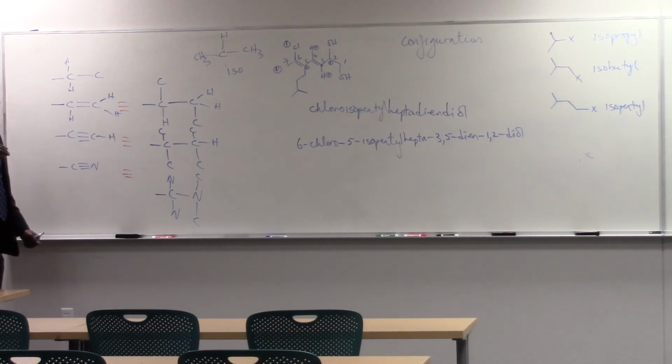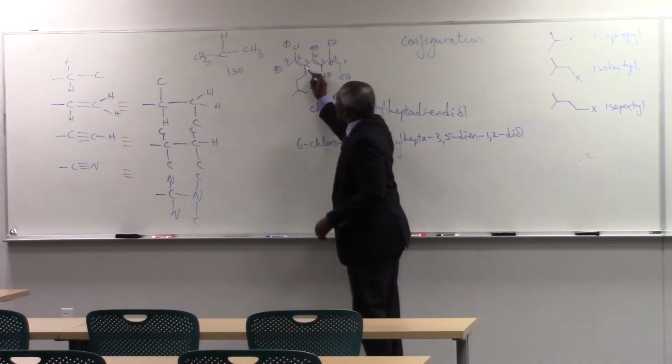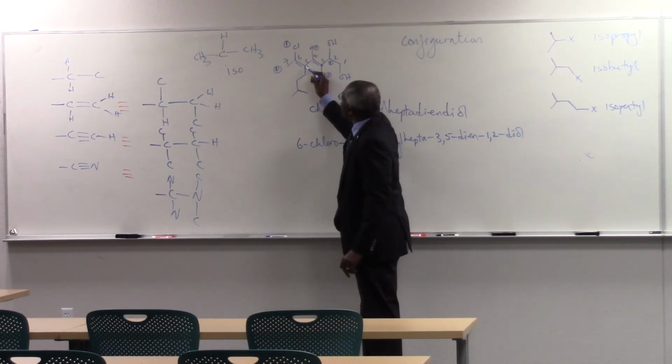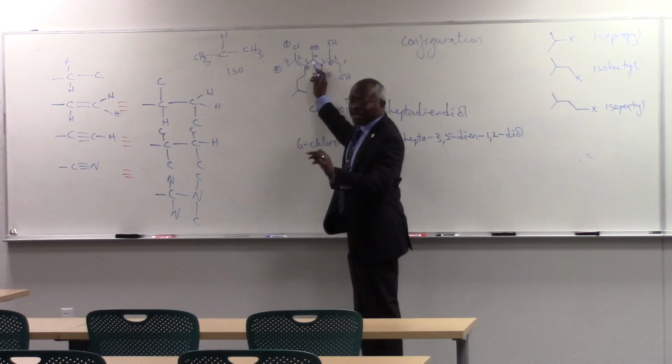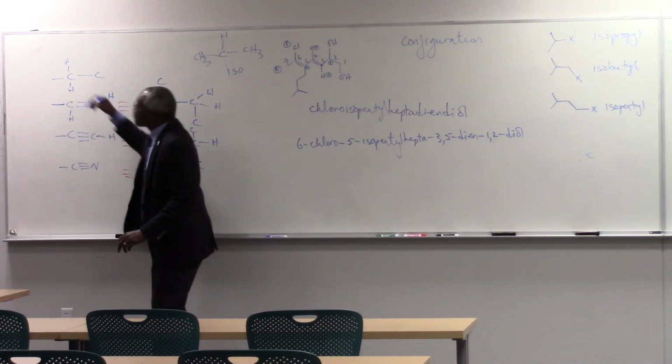So what that means then is if I look at carbon 5 and I want to determine priorities, this carbon is attached to a 1 carbon. This carbon is attached to 1 carbon. So far, they're attached to a carbon each, right?